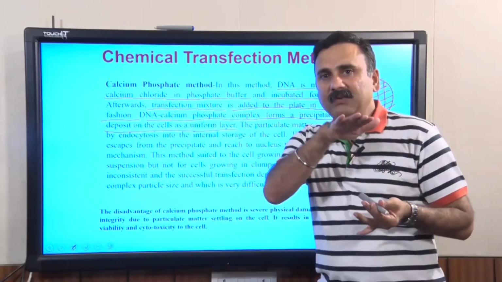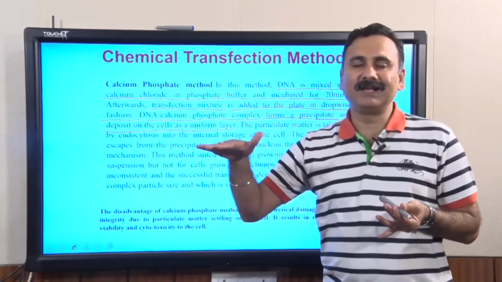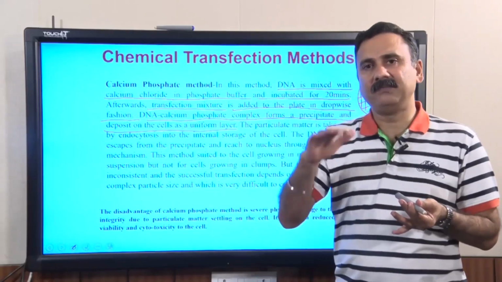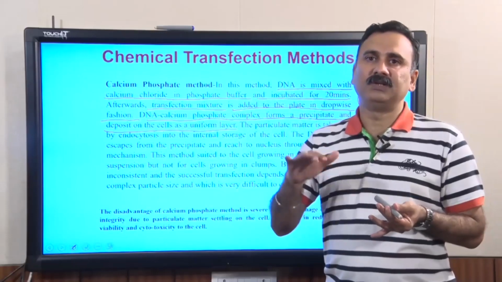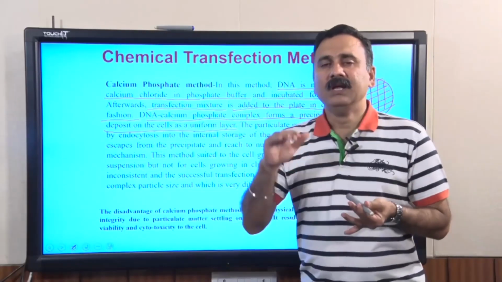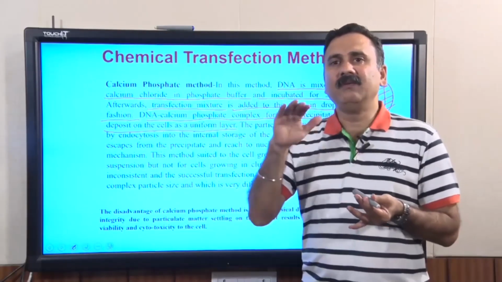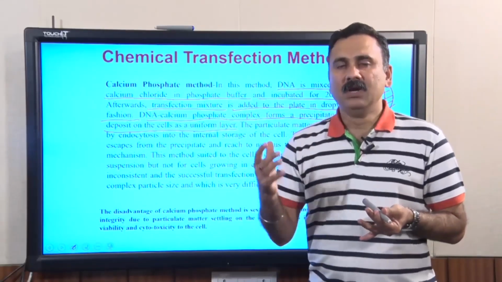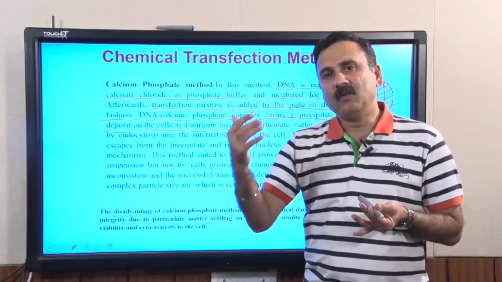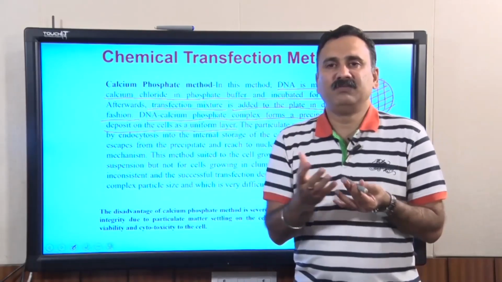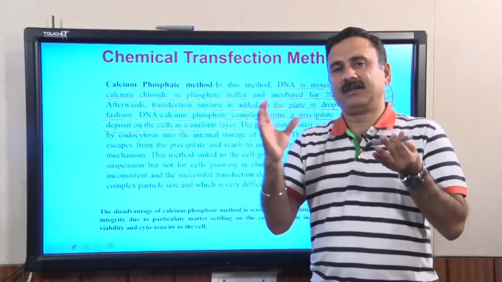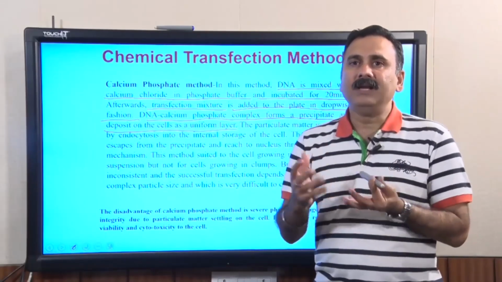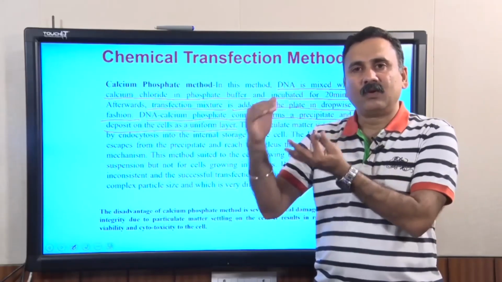Once these particles settle onto the mammalian cells, the cells have a tendency to take up these particles through a process known as endocytosis. This is exactly the same process as when you provide food to the mammalian cell to eat. If the food is a macro structure, beyond a certain size, it is taken up by the process known as phagocytosis.